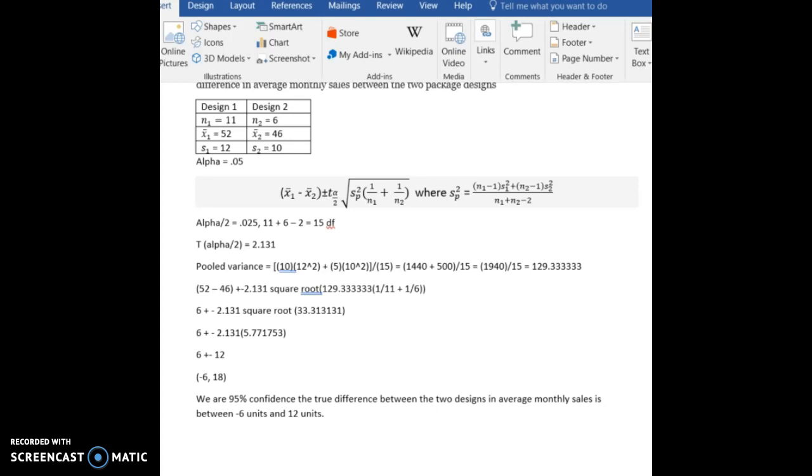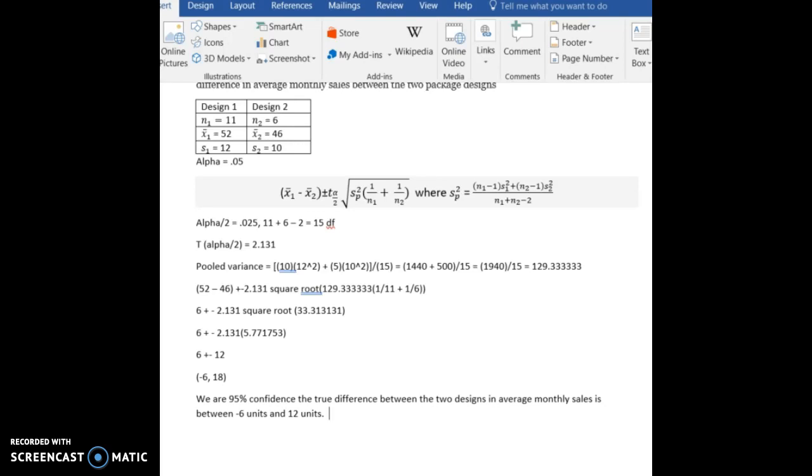Now later on, as we examine how confidence intervals can also help us with a hypothesis test, I want you to notice that 0 is in this confidence interval. 0 units is between negative 6 and 12. This tells us ahead of time, before we even do the hypothesis test, which we'll be doing in the next example, that since 0 is in there, no difference between the two designs could be a possibility.